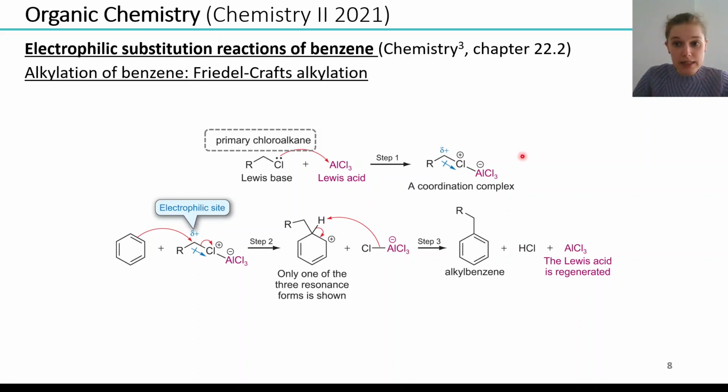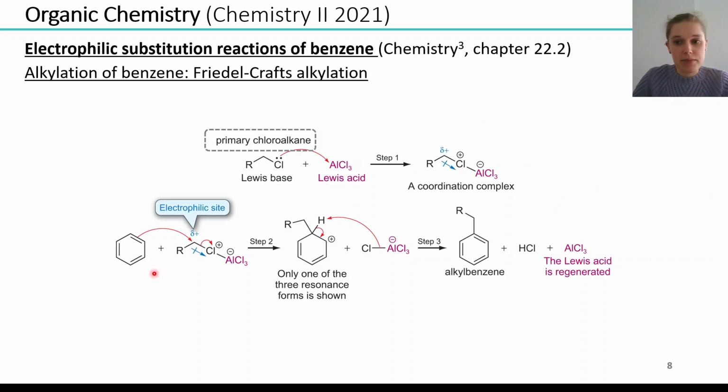Hereby, the primary chloroalkane is converted into a stronger electrophile because, as indicated by this blue arrow, the electrons of the carbon-chlorine bond are now strongly attracted towards the positively charged chlorine. Therefore, this coordination complex constitutes a strong electrophile.